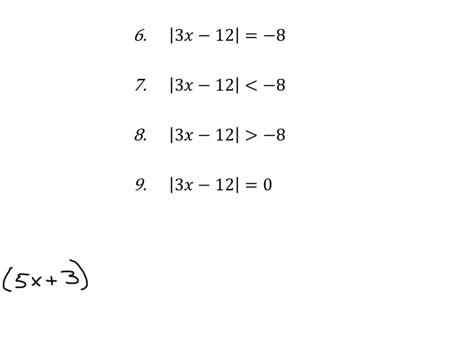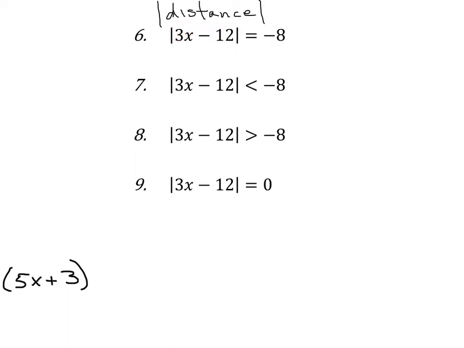Now let's look at some special cases. If you have an absolute value, and remember, anything inside the absolute value just represents a distance. And as we said earlier, a distance cannot be negative. So if you have somebody telling you this distance equals negative 8, well, you know it can't be equal to negative 8 because it's a distance. It cannot be negative.